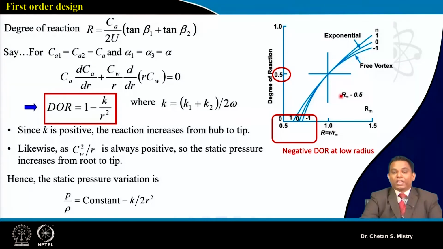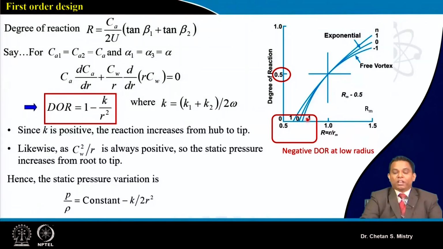If that's your case, you can see this is representing how my degree of reaction is varying. Now, interestingly, as we have discussed for the earlier 2 cases, if we compare all the 3 cases, we will see our degree of reaction has more chances to go negative near the hub region.